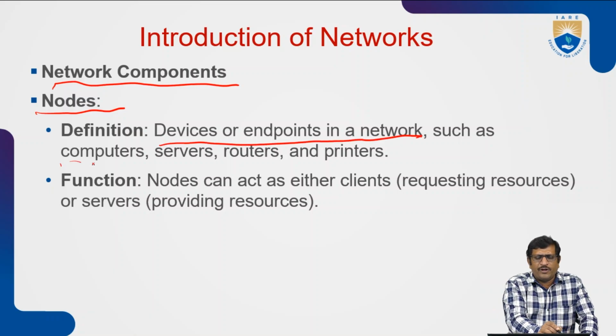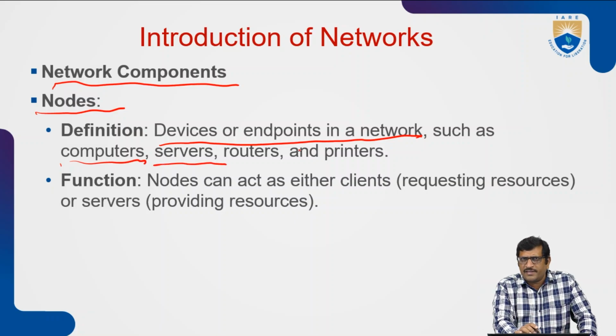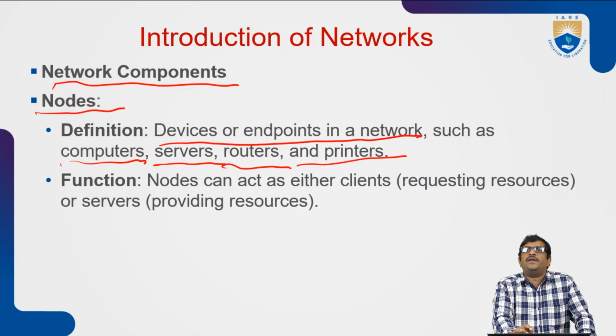A computer is considered one node, a server is one node, a router is one node, and a printer is one node. So it is an endpoint or one device over the network.